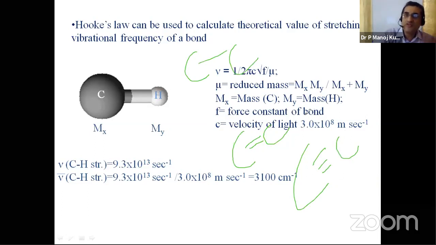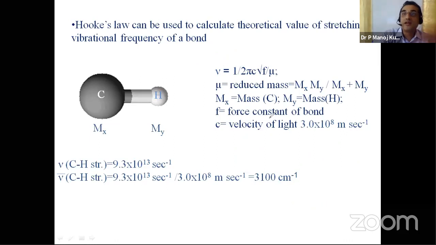So I'm just trying to give you an overall concept about the strength of the bond. It doesn't always depend upon single bond, double bond, and triple bond, but understand that between the two atoms, always the triple bond will be having more strength, double bond will be having lesser strength, and single bond will be having the least strength. So the force constant has got something to do with the strength of the bond.